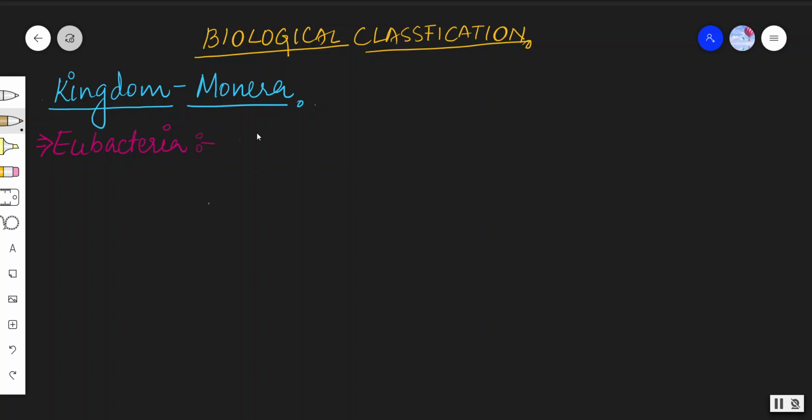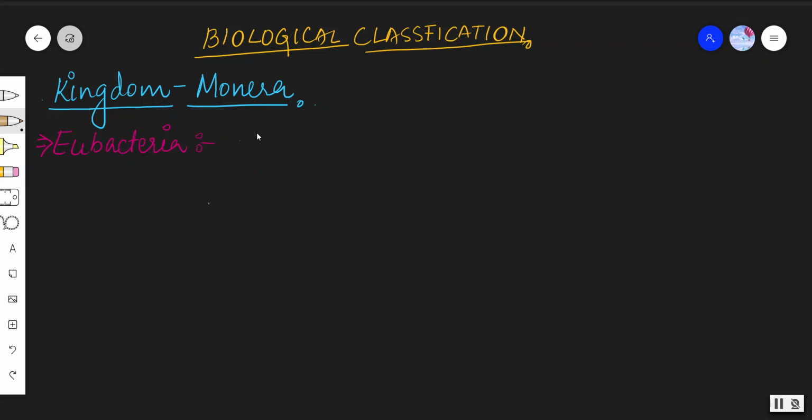So we were discussing the second chapter of our first unit, that is diversity in the living world, and the chapter we are discussing is biological classification, right? And we have done with its introductory part, the five kingdom classification, and also we have started our first kingdom, that is Monera.